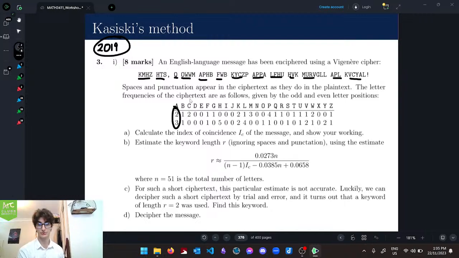If we have a look here, for instance, A shows up in the even number positions, which are in blue here. There, there, there.